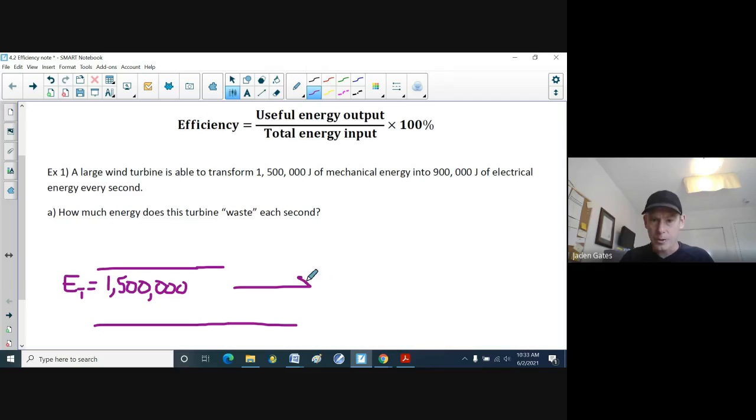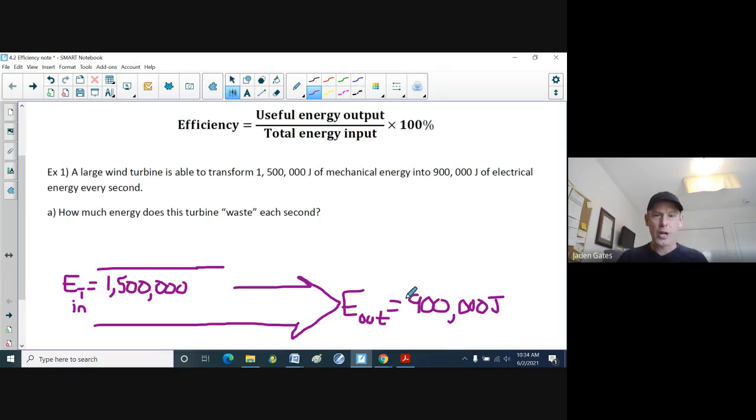Not a very good artist, but I'm going to do my best. So I put a little arrow. This is our energy output, which is the useful energy. I guess you could call this the input. Now this total here is 900,000. That's the output, our useful energy.